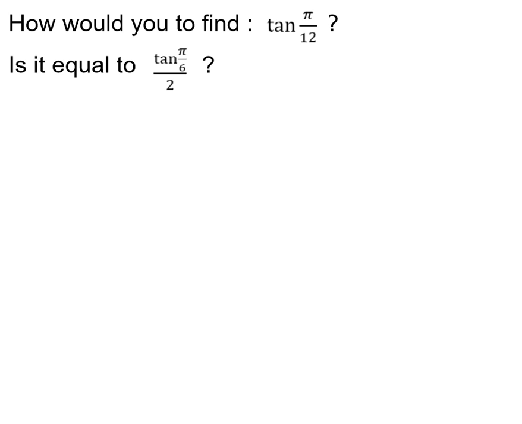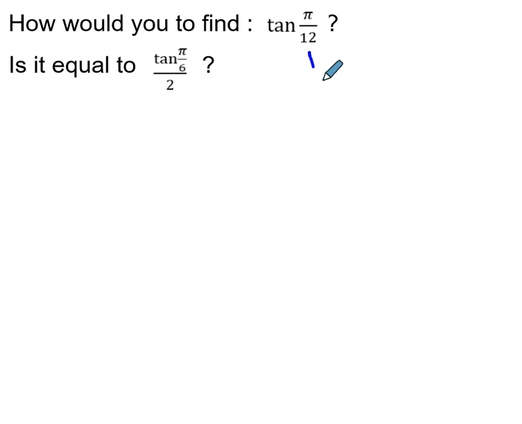Today we're going to talk about how to find tangent, sine, or cosine of angles that are not on a trig circle. So if you look at this one, for example, if you want to find tangent of pi over 12, could we say that we're going to do tangent of pi over 6 and then divide by 2? I like to visualize what we're doing.